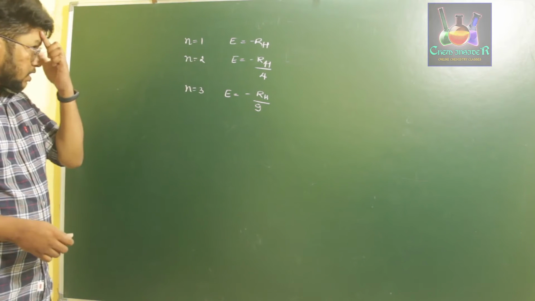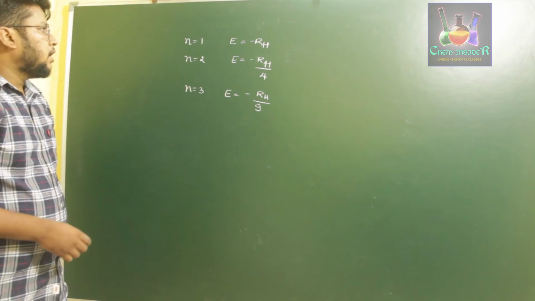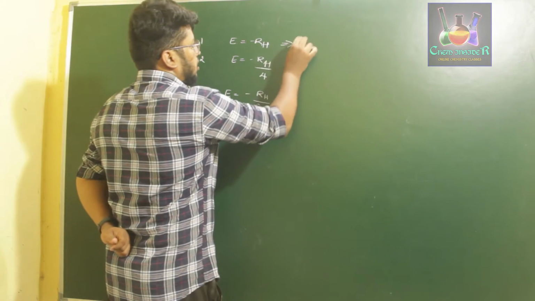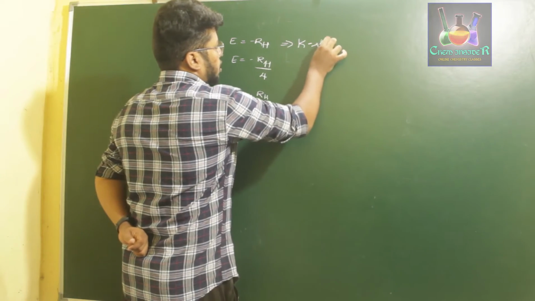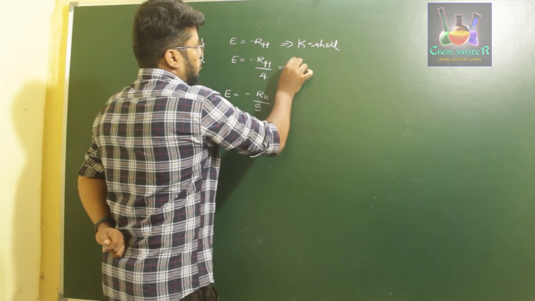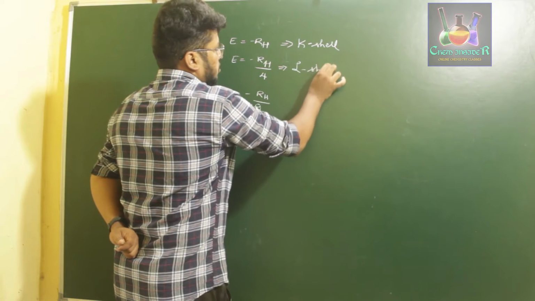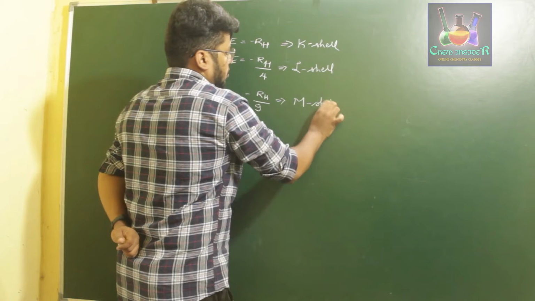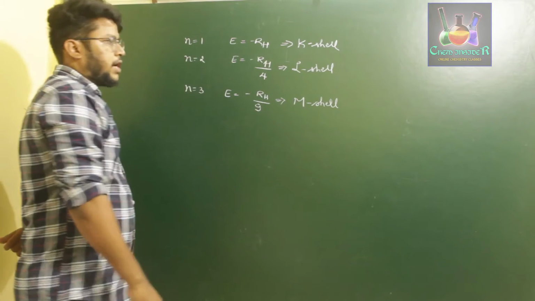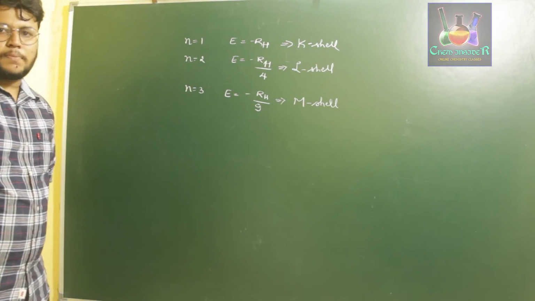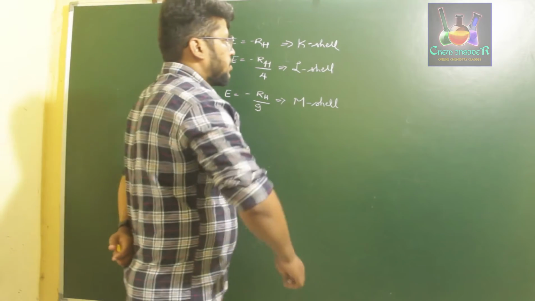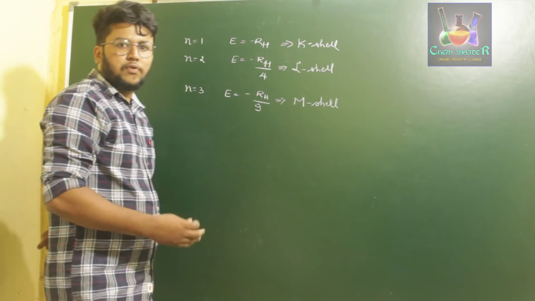Now if you consider just the principal quantum number, for n is equal to 1 we have the K shell, n is equal to 2 the L shell, and n is equal to 3 the M shell, right? Each shell has respective subshells, which are called s, p, d, f, defined on the basis of the values of l.